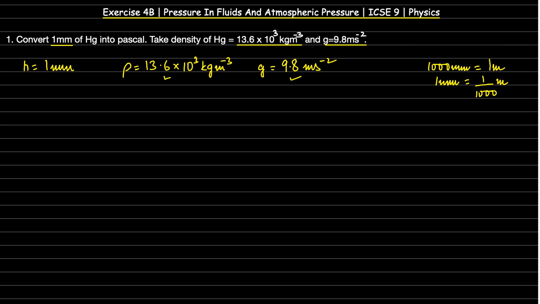So 1 millimeter will be equal to, I can write 1 by 1000 as 1 by 10 to the power of 3 meter. Now 10 to the power of 3, when it comes to the numerator, it becomes 1 millimeter is equal to 10 to the power of minus 3 meter.